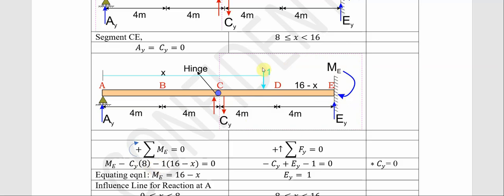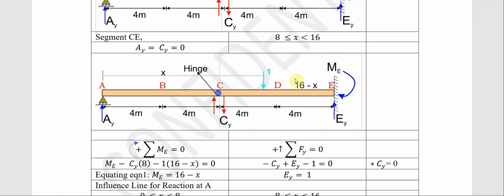Now when we proceed, there's a unit load here that we're considering. Since we are considering from A to S to 16, our unit load can be any distance here. Definitely this distance is going to be 16 minus X, because the whole of this distance is 16.